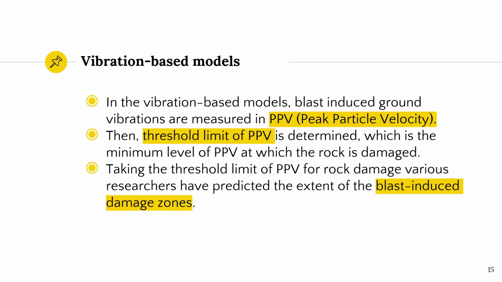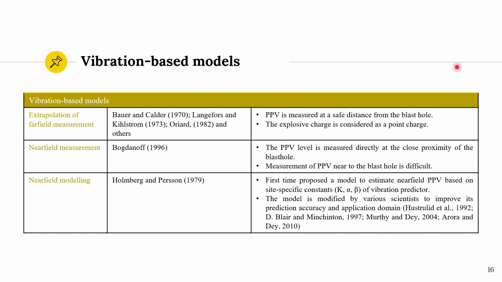In the vibration-based models, blast-induced ground vibrations are measured in PPV, that is peak particle velocity. Then, threshold limit of PPV is determined, which is the minimum level of PPV at which the rock is damaged. Taking the threshold limit of PPV for rock damage, various researchers have predicted the extent of blast-induced damage zones. Some of the vibration-based models are mentioned here.